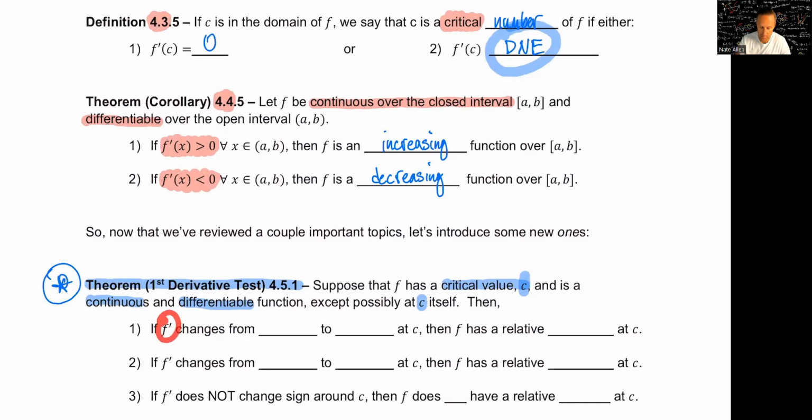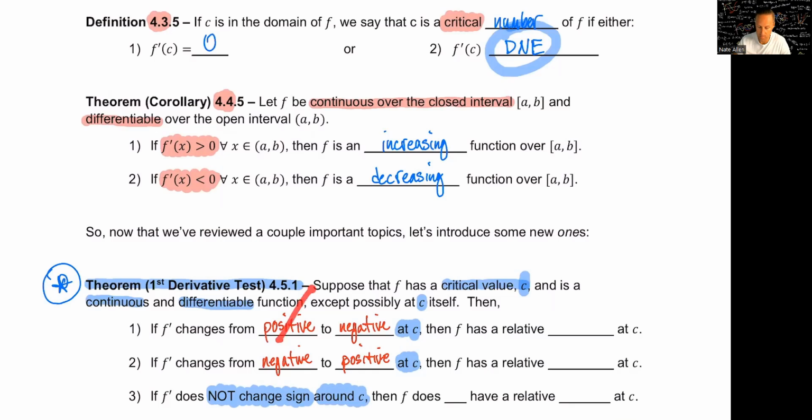Either our derivative changes from a positive to a negative value at that value c, or it's going to change from a negative to a positive at that value c, or there could even be no change of our signs around that value c.